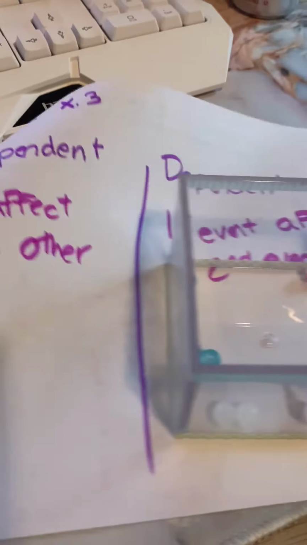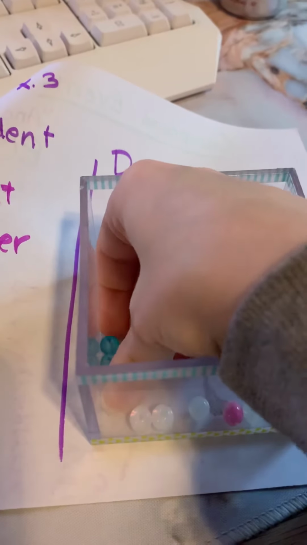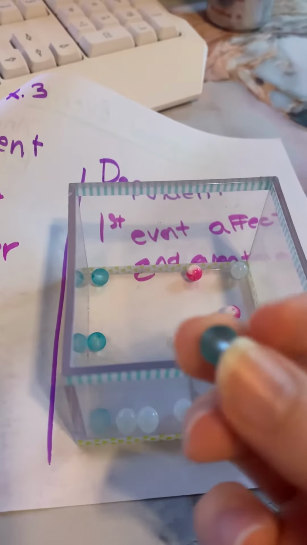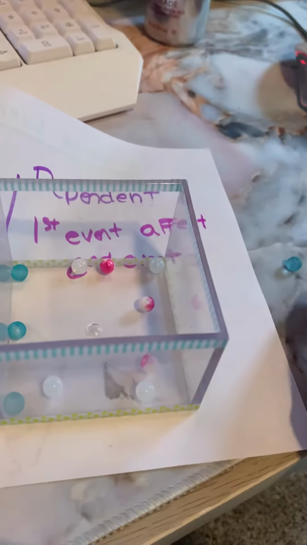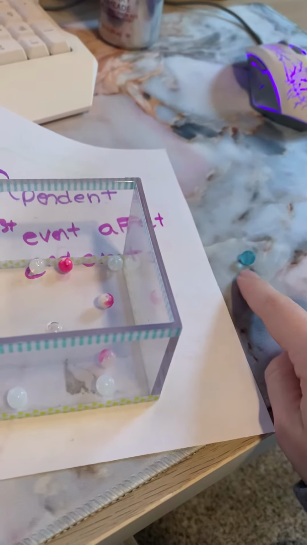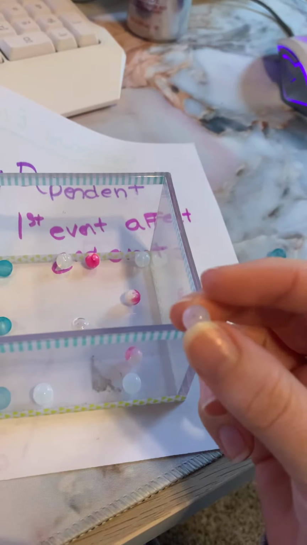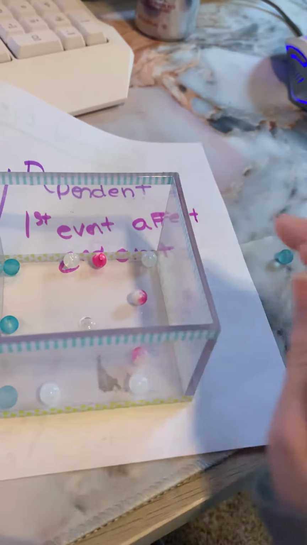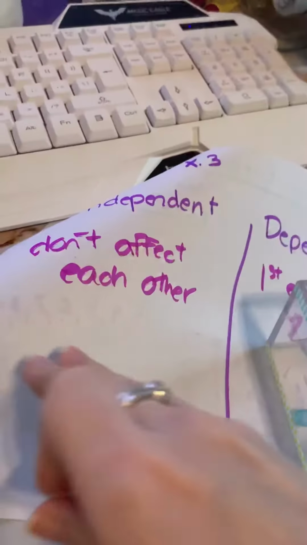But a dependent event would be if I picked 1 bead out, so I got a blue one, then I put it over here on the side and I picked a second bead out now. The first bead I took from the box was 1 out of 12. But the second bead was 1 out of 11 because I left this one out. So this probability was different than the first one.